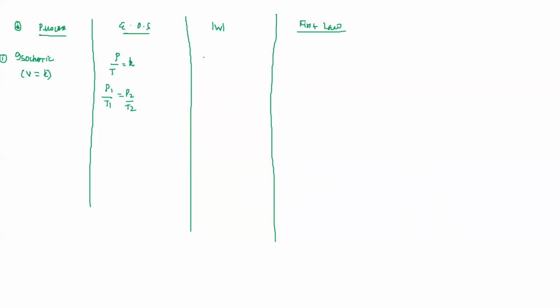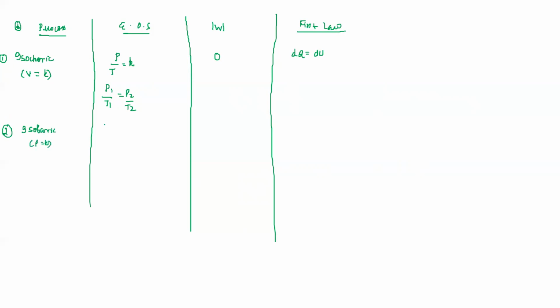Magnitude of work done for an isochoric process is going to be 0. Therefore, application of the first law gives you dq equals du. The second is the isobaric process, in which you have pressure constant.